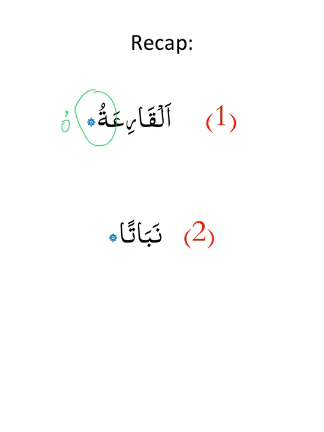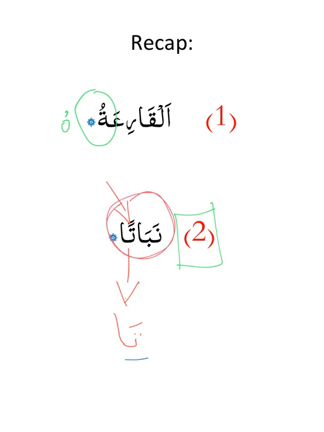And the second rule which we've covered is when the word ends with two fathas, what we call fathatain. And the rule was very simple. What we had to do was remove one fatha. So this word here, nabatan, it became nabata.